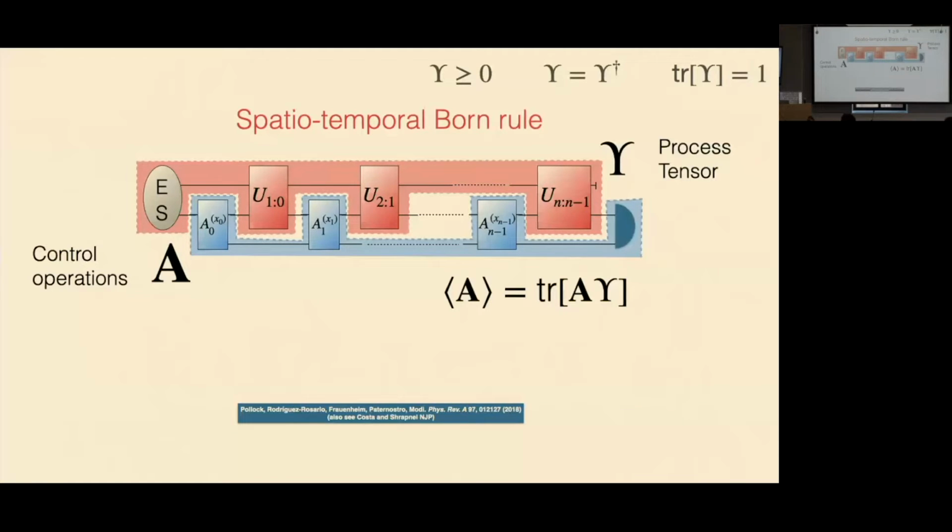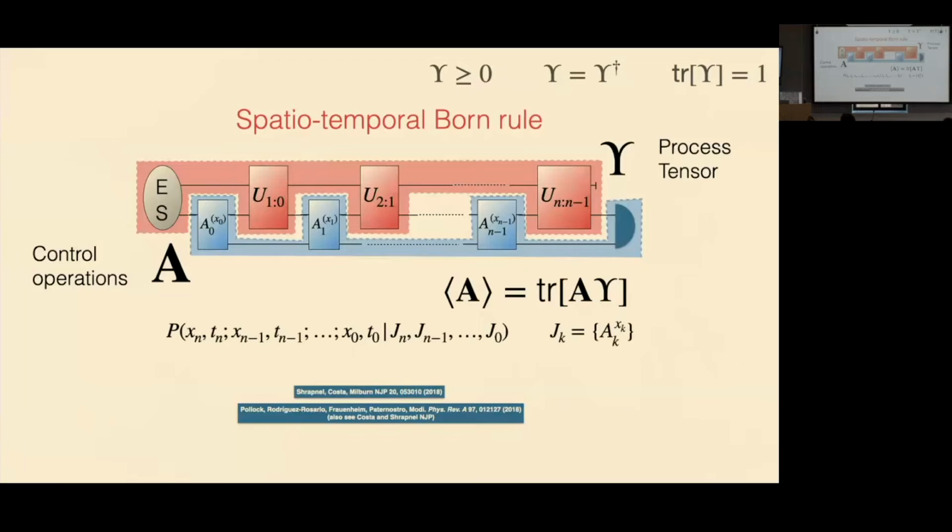So computing the expectation value of that observable that you get to choose is nothing more than you take the multi-time density matrix, and you take the trace of your observable with it. And that is known as the Born rule, right?